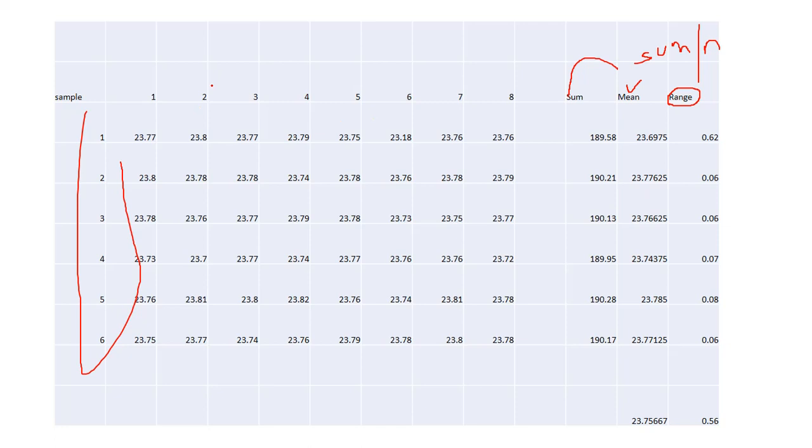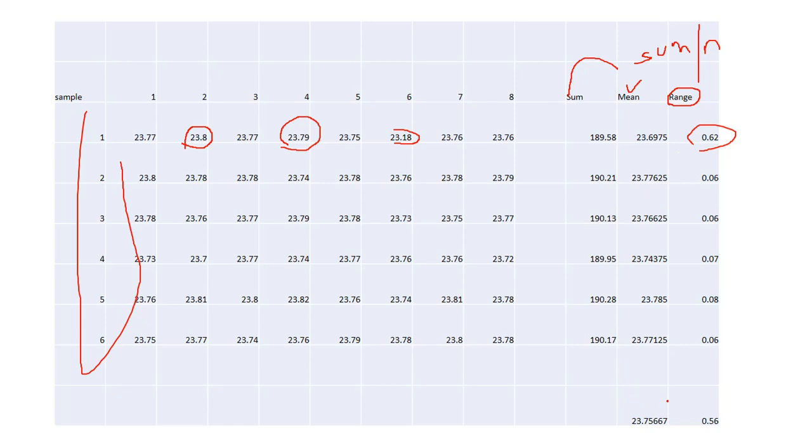Observe here, 23.79 is the maximum value. What is the minimum value? Sorry, 23.8 is the maximum value and the minimum value is 18. When you subtract, you get 0.62.